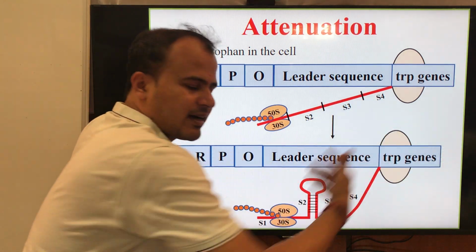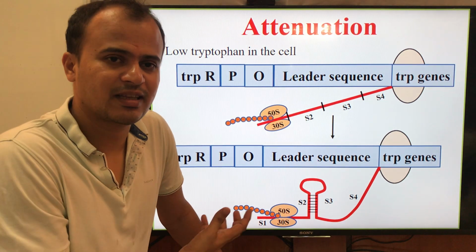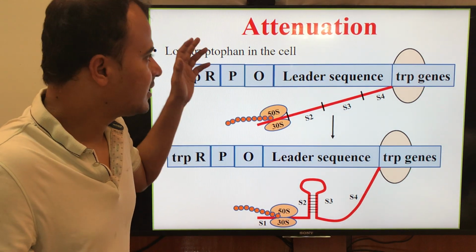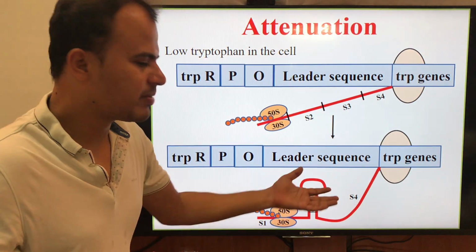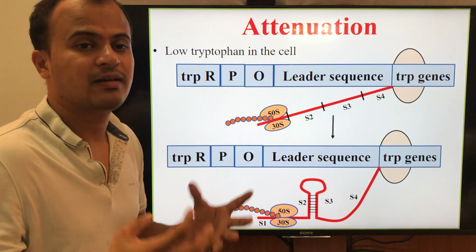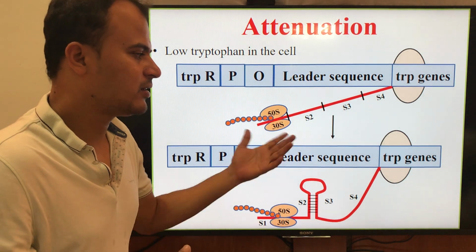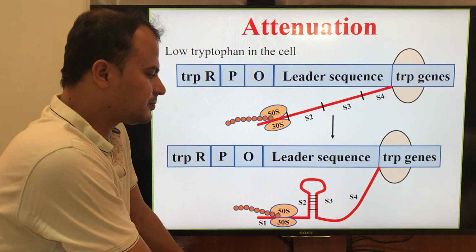If these genes are transcribed, it is a signal that there is a low amount of tryptophan in the cell. By this mechanism, the bacteria produces a lot of tryptophan by itself to make the process convenient for the translation of other proteins and the mRNAs.